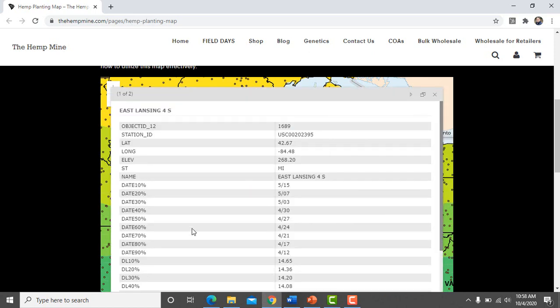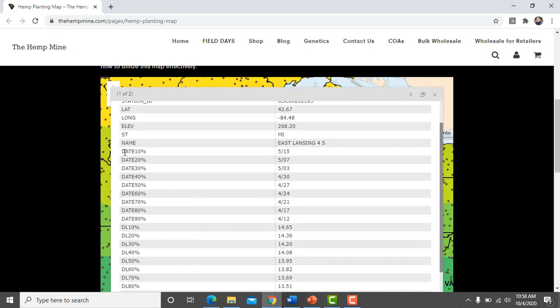But let's expand it so we can wrap our heads around what is the valuable data at this location. So what you see here on the left, it says date, and then it has a percentage. The date right here is May 15th, but what's important to understand is the percentage here. This is the potential of frost. And so we've given it to you pretty much from 100% to 10%.